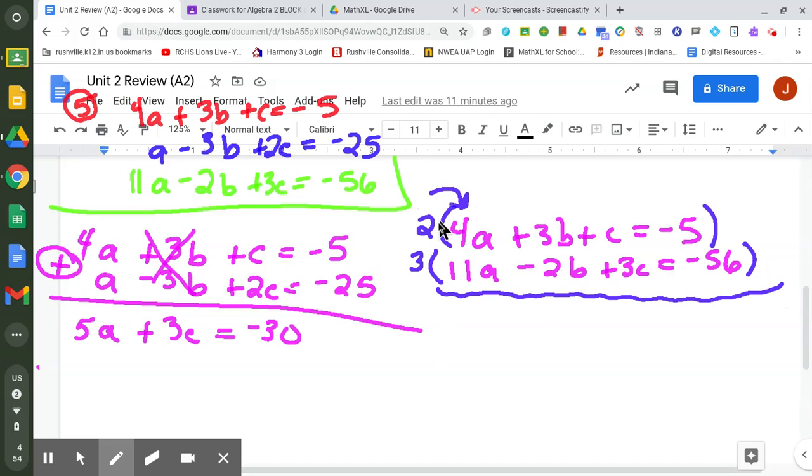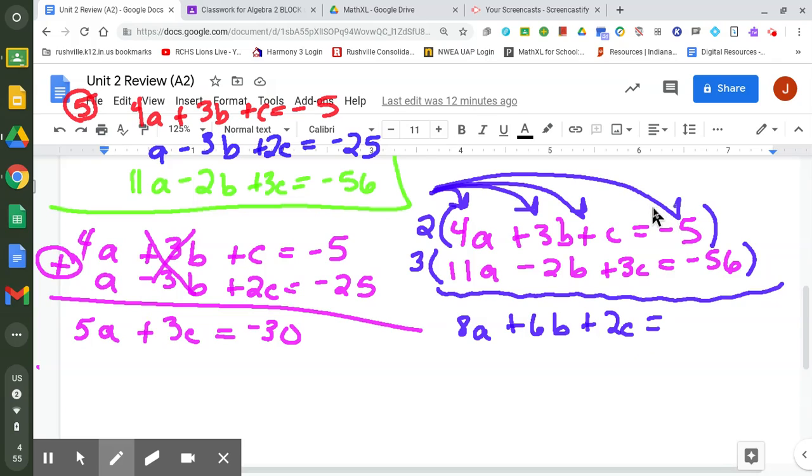So the 2 times 4a gives me 8a. 2 times 3b is plus 6b. 2 times c is plus 2c. And then 2 times negative 5 gives me the negative 10.